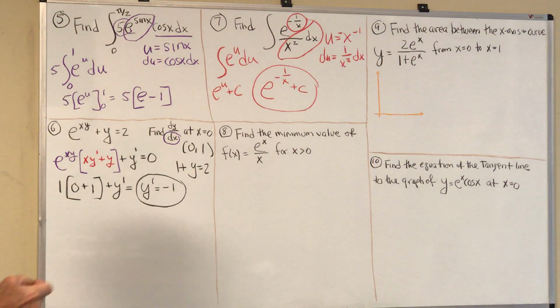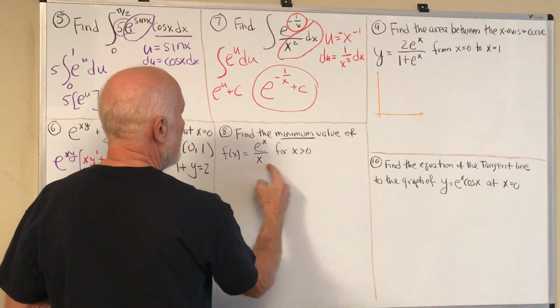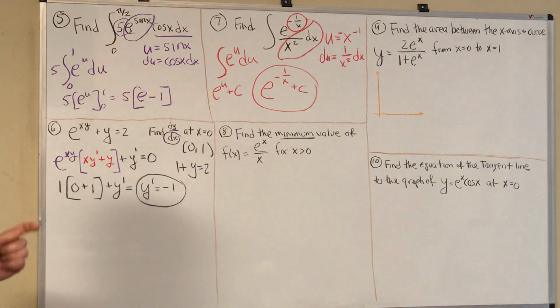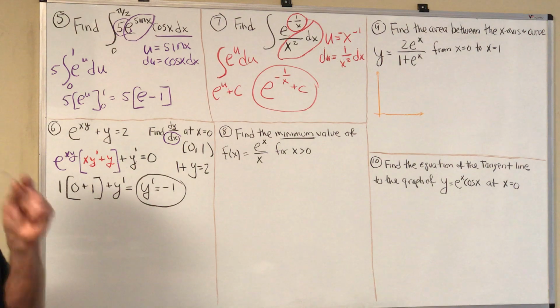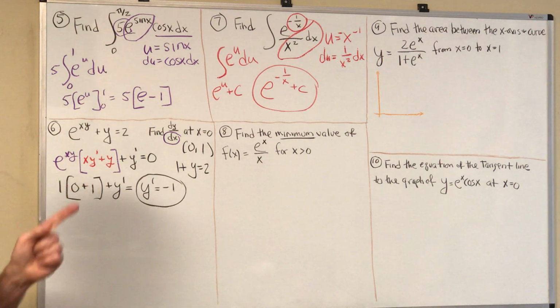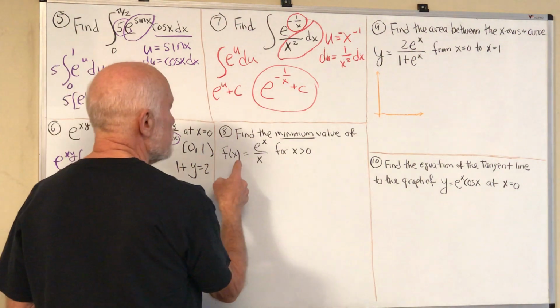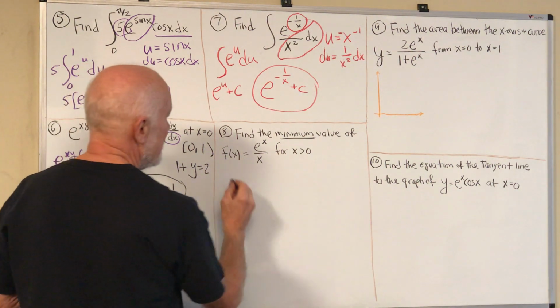Okay, so find the minimum value of this function for x greater than 0. Do you remember what we're supposed to do when you're looking for maxes and mins? We look for critical values of this function, where the derivative is equal to 0 or undefined.